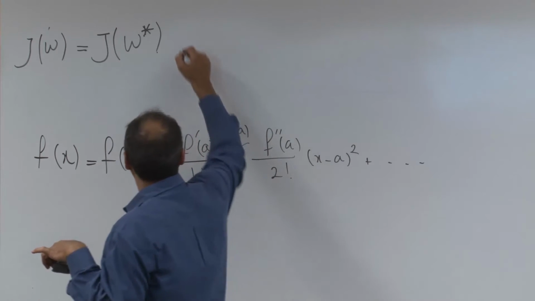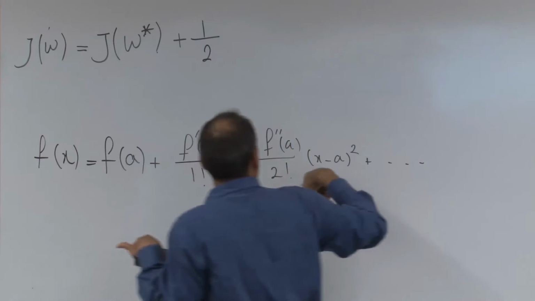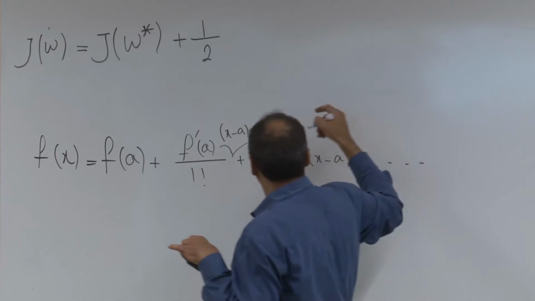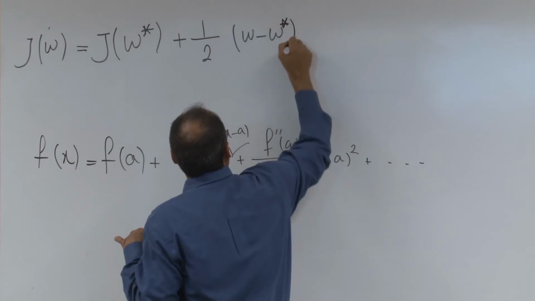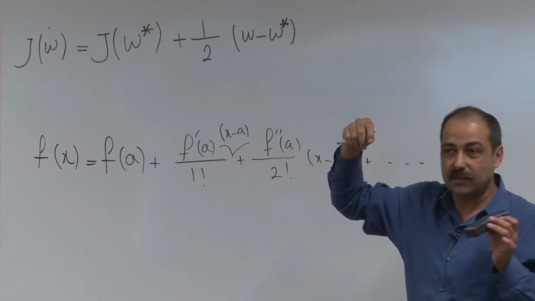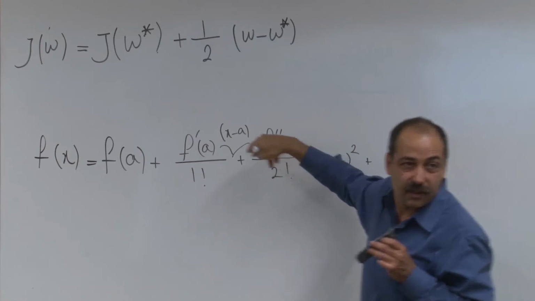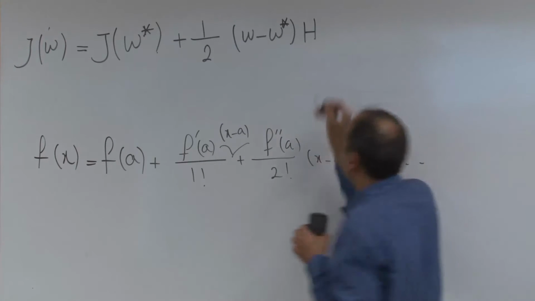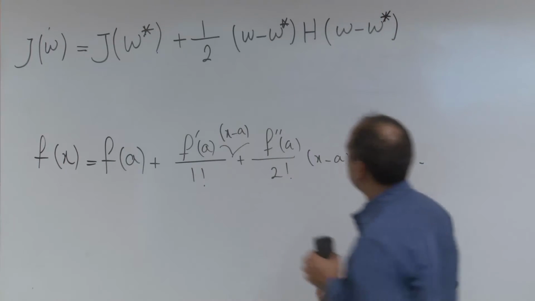Then I have this term, which is 1 over 2, and basically it's x minus a squared, which means w minus w star squared. And don't forget that this w is a vector now, not a scalar. And the second derivative of my function means the Hessian, right? So that's going to be this term.